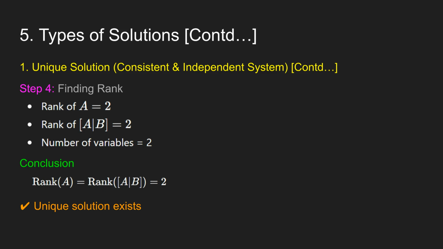The rank of matrix A is equal to 2. The rank of the augmented matrix A bar B is also equal to 2. The number of variables in the system is 2. Now, let us state the conclusion. Since the rank of matrix A is equal to the rank of the augmented matrix A bar B, and this common value is equal to 2, we conclude that a unique solution exists.